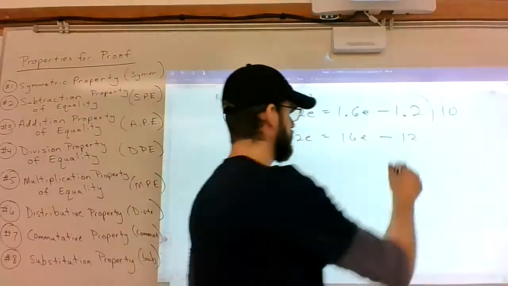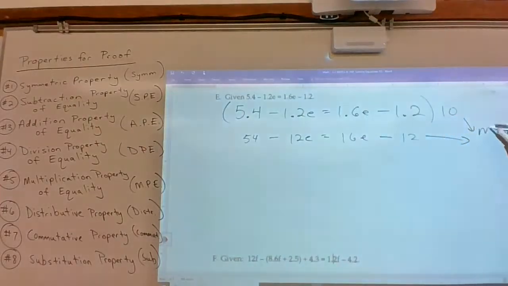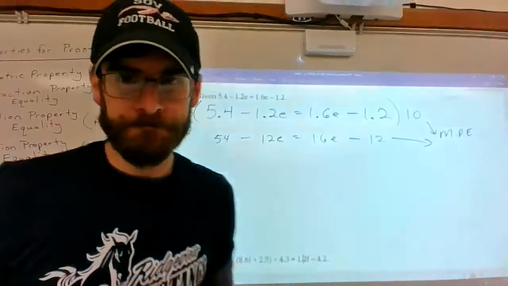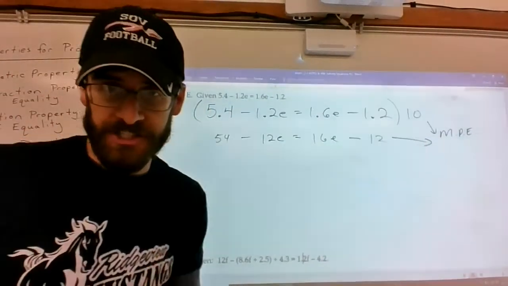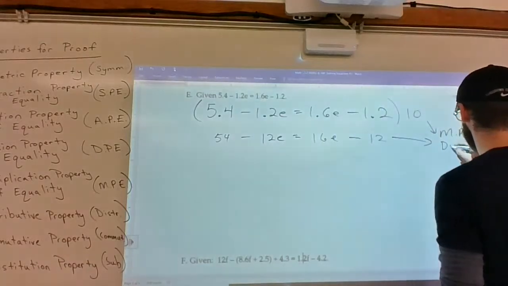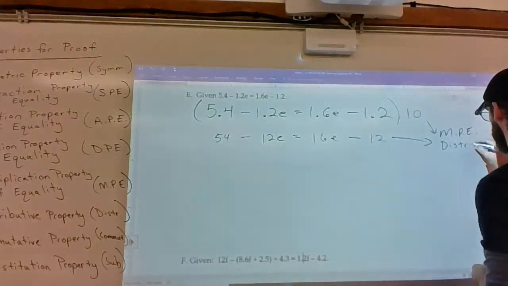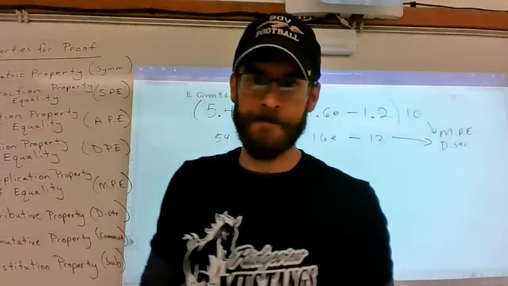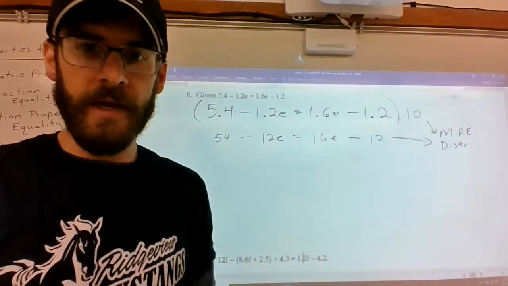Those two together were the multiplication property of equality, multiplying both sides by 10, okay? As well as the distributive property, because you worked it through grouping symbols. Okay.